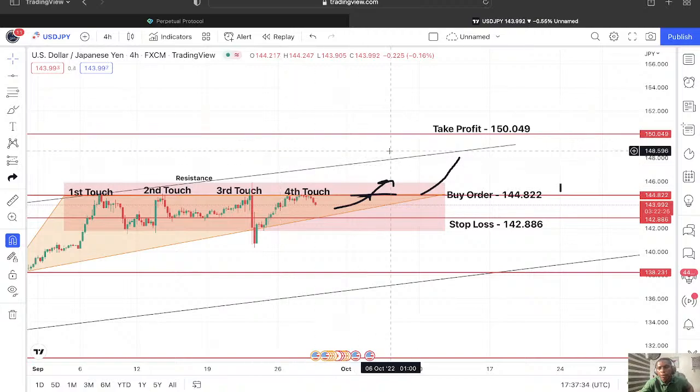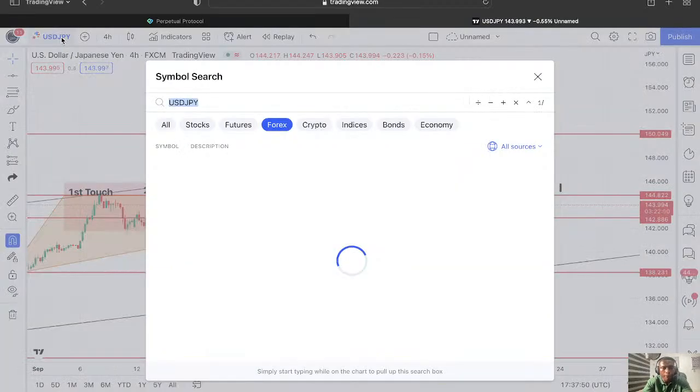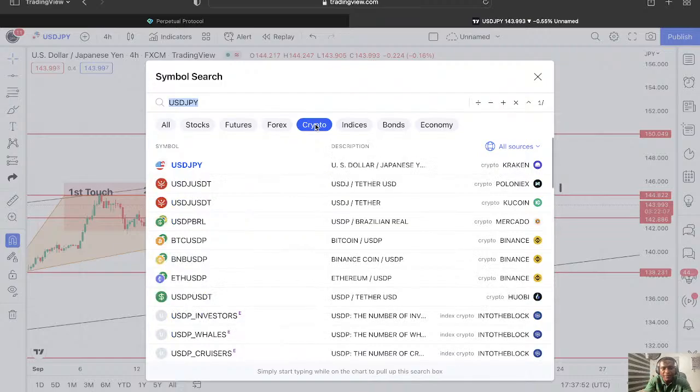Okay. So now, the next pair we are analyzing would be BTC.